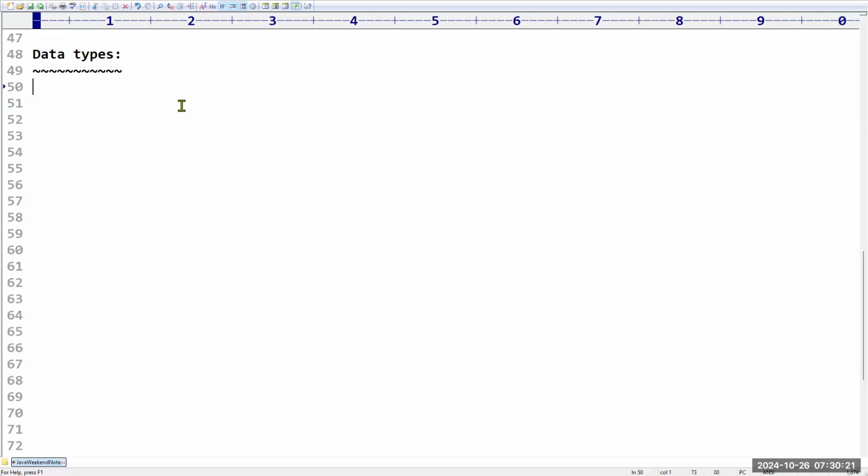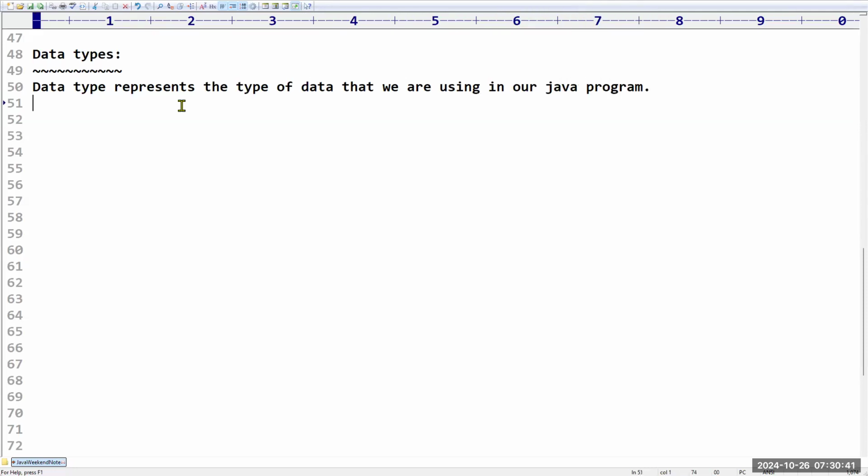So data type represents what type of data we are using in the program. So data type represents the type of data that we are using in our Java program. In our Java program, what type of data you are using, that will be represented by data types.